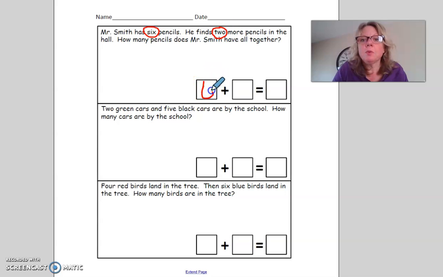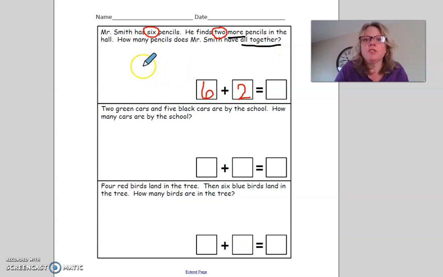I know that I'm going to be using the number 6 and the number 2 in my addition sentence. The next words that I'm going to underline are those important words that tell me to add, like more and all together.